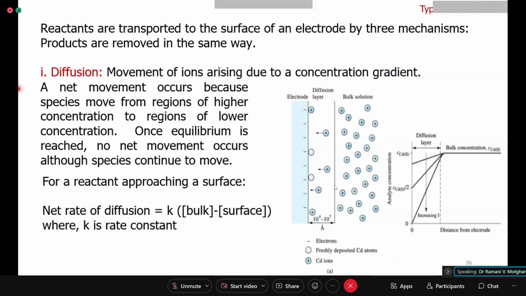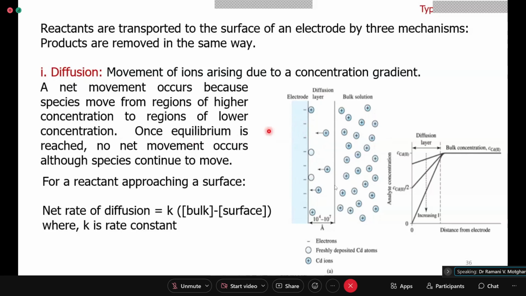Okay, so this is diffusion. Diffusion is the movement of ions due to a concentration gradient. A net movement occurs because species move from a region of higher concentration to a region of lower concentration. So from the bulk, it should come first to the diffusion layer, and then it will be discharged at the electrode surface.